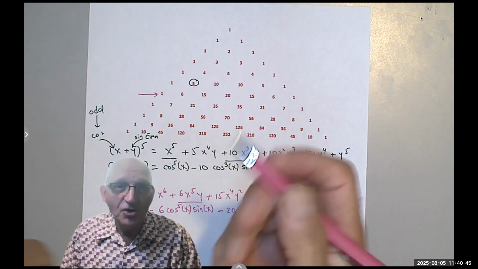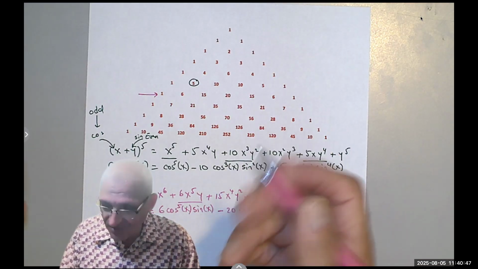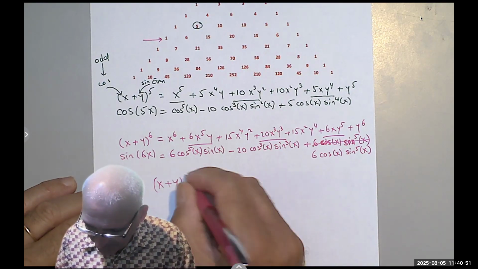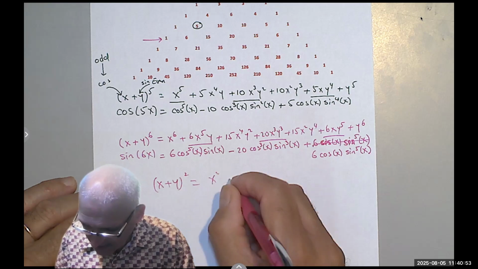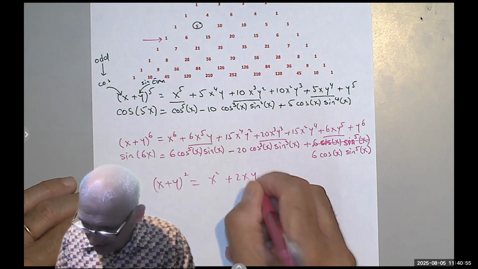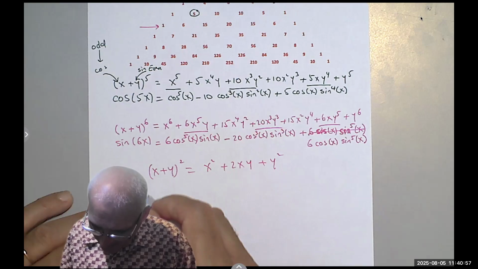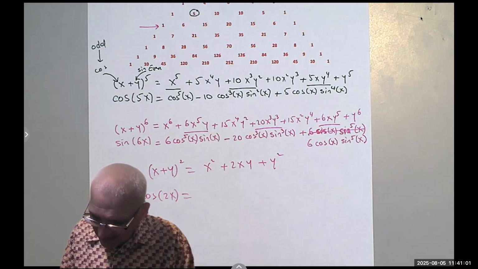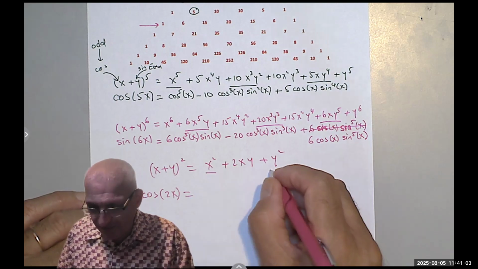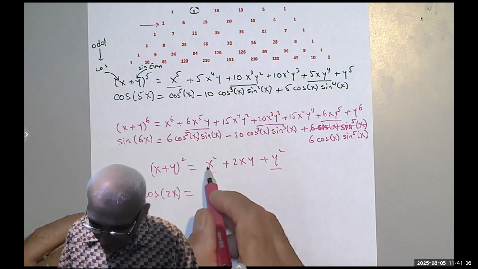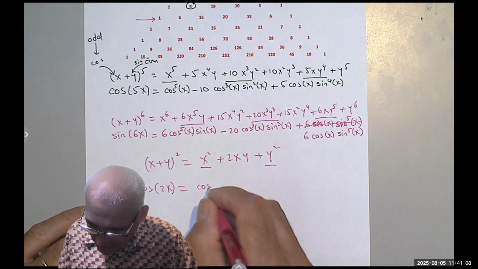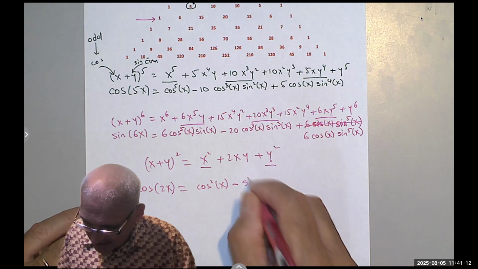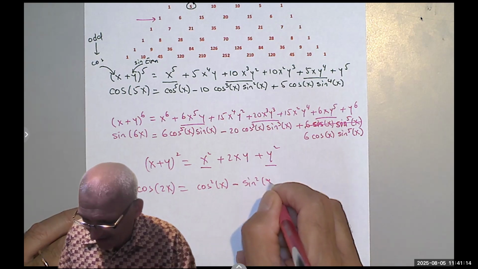Sine 2x, you all know it's 2 sine x cosine x, right? And you know that x plus y squared equals x squared plus 2xy plus y squared. So if I want to say cosine 2x, notice I take the first and the third. The first is cosine square x, and then you say minus, and this is sine square x.